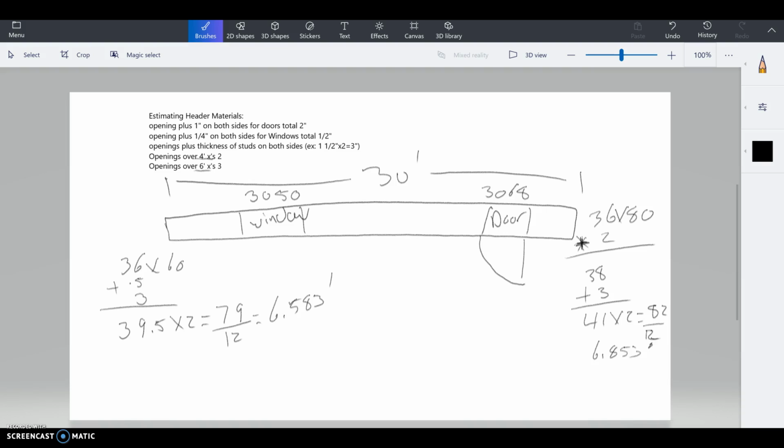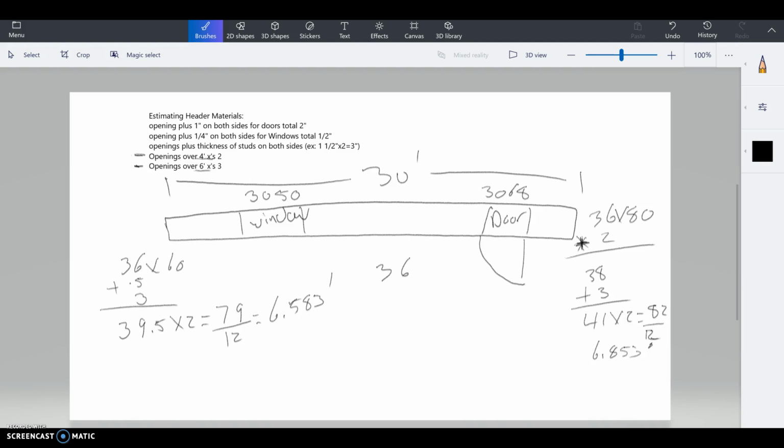So if it was a 4-foot window, I would have to go to my 36. I'm going to add, now instead of adding 3 inches, I'm going to add 6 inches, because here I'm saying openings over 4 feet times 2 additional trimmers, or openings over 6 feet is times 3 additional trimmers.